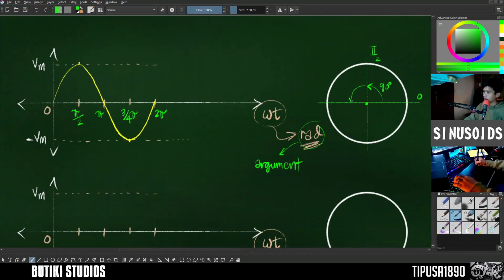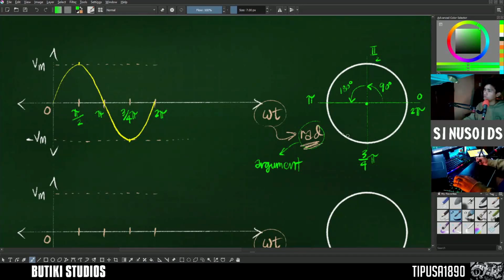Another 90 degrees, we rotate and it becomes 180 degrees, and 180 degrees is pi. So on and so forth. 270 is 3 over 4 pi. Back to 0, or 360 degrees, is 2 pi.